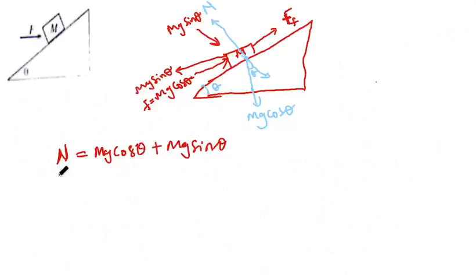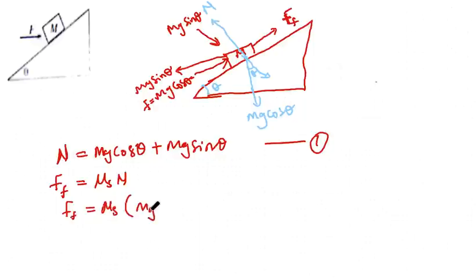Let's term this equation 1. And we know that the frictional force F is equal to mu S, the static friction, times N. Since we already have N, we can rewrite the frictional force F subscript F as mu S mg, taking the mg out, times cos theta plus sin theta, and this is equation 2.